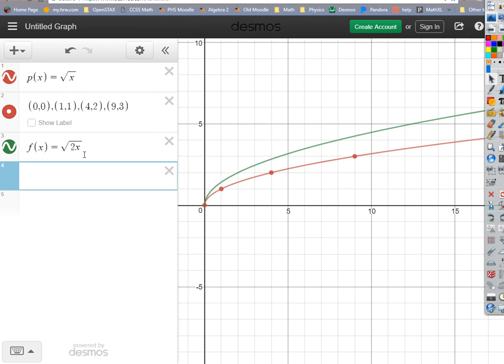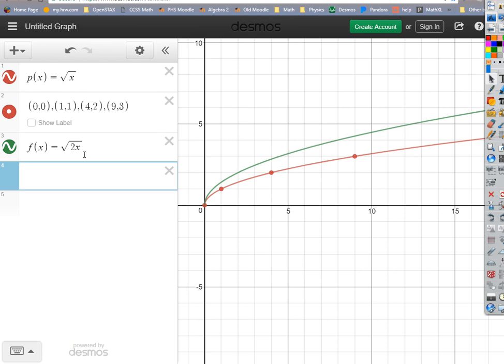Stretching horizontally. No. Remember, it's the opposite. I multiply by a number bigger than 2 outside to stretch, right? But an outside stretch, a vertical stretch, is a horizontal compression, right? So it's the opposite. So because this number is bigger than 1, we're doing the opposite of the vertical stuff. Vertically, that would be a stretch, right? Horizontally, it's a compression.